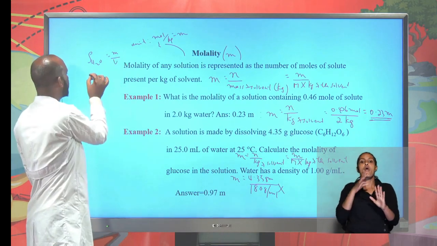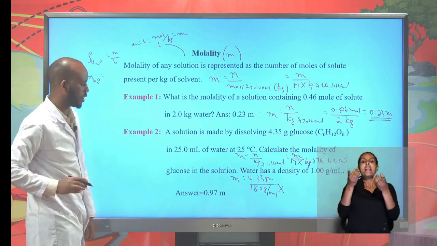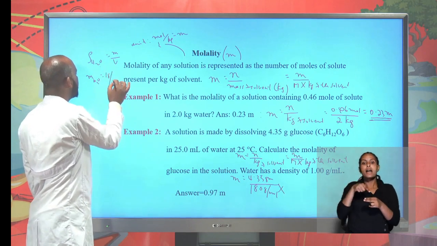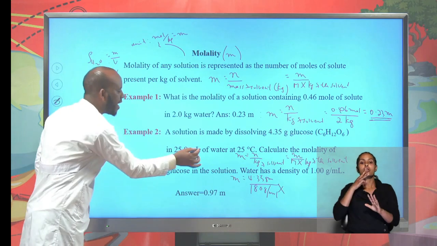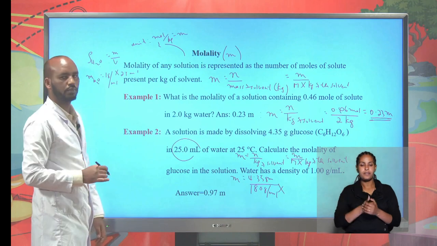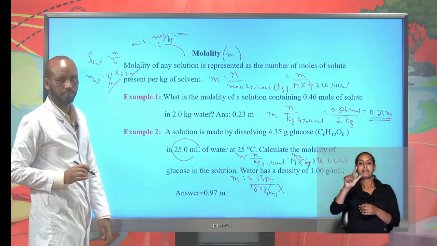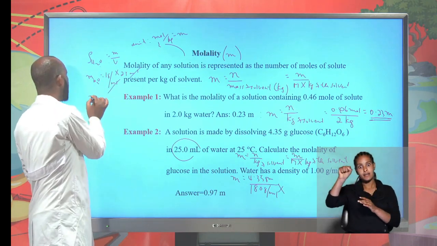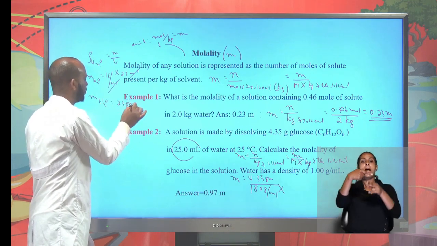From this, mass of water equals density of water, 1 gram per milliliter, times volume of water, 25 milliliter. Milliliter will cancel, and we are left with gram, which is the unit of mass. Therefore, mass of water is 25 gram.